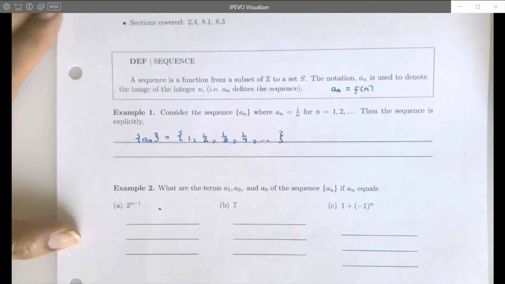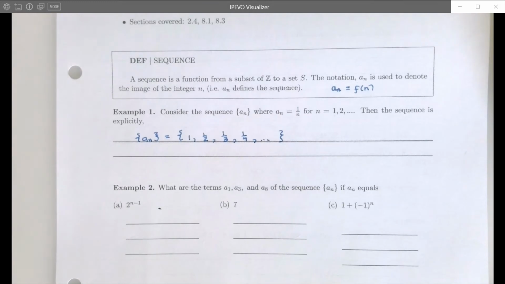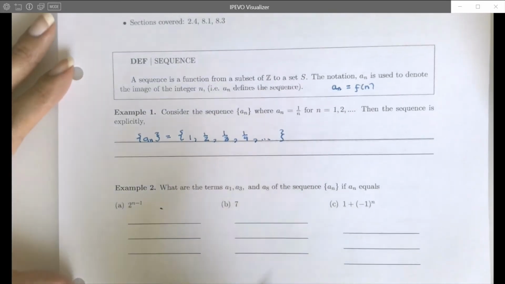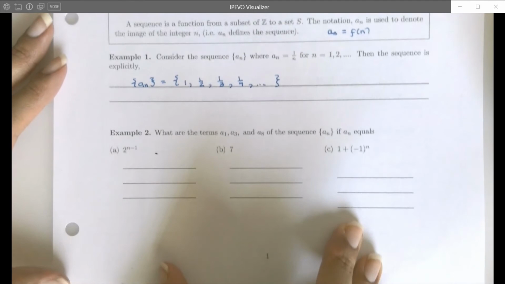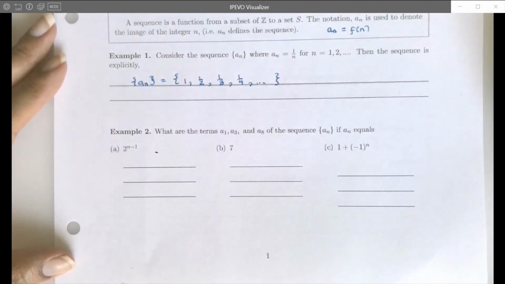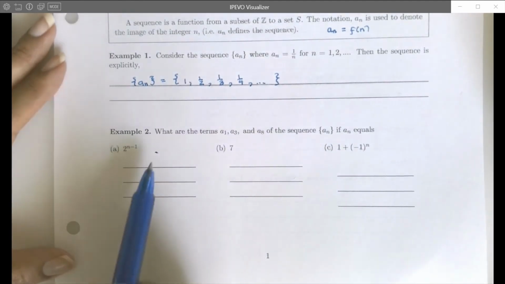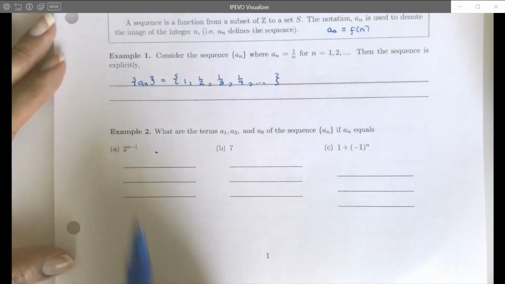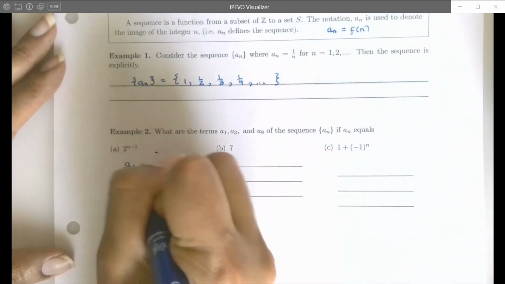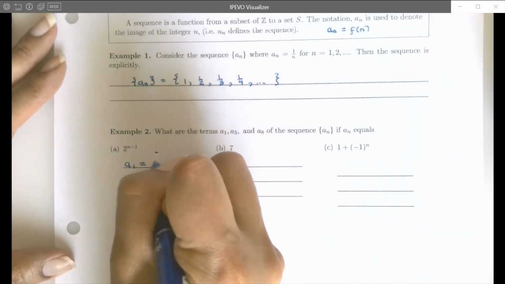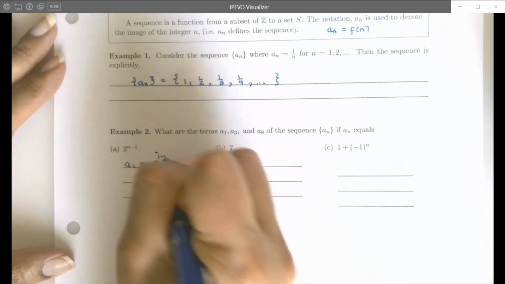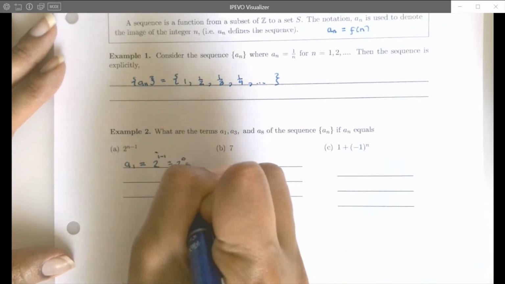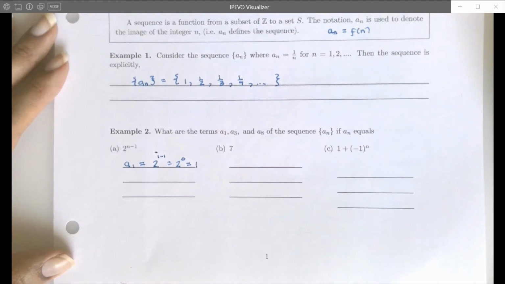For example number 2, they want us to find out what the terms a1, a3, and a8 of the sequence a sub n are, if a sub n is one of these given rules. So for part A, the rule is that a sub n is 2 to the n minus 1. That means that a sub 1 is going to be 2 to the 1 minus 1, which is 2 to the 0, which is just 1.